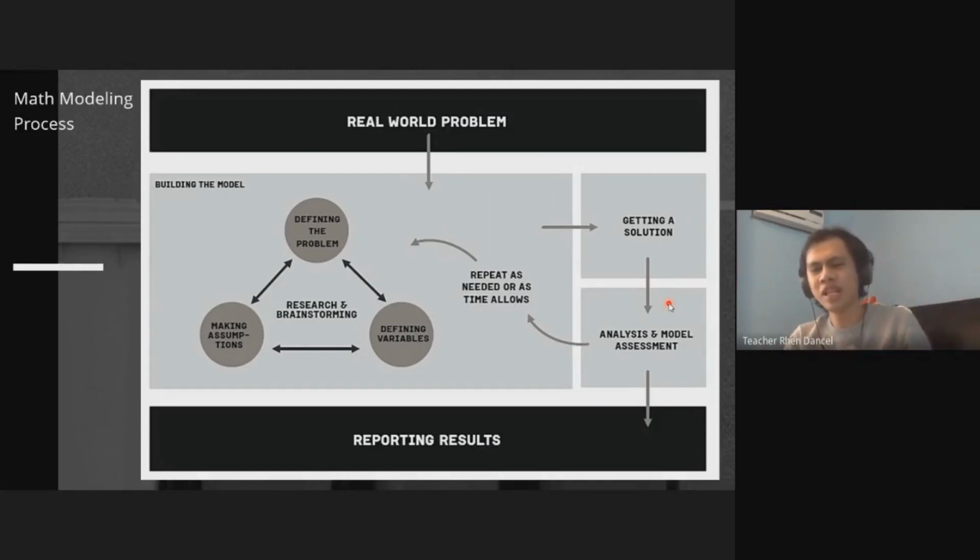And when we feel like the model is not yet good enough, we go back to our process here. We redefine the problem, we review our assumptions, our variables, and once we are sure that the model works, then that's the time we go to the last step, that is applying the model to report results.